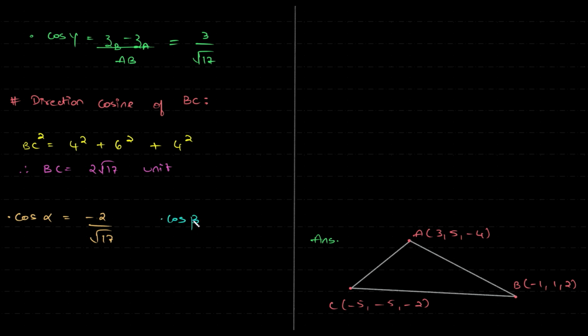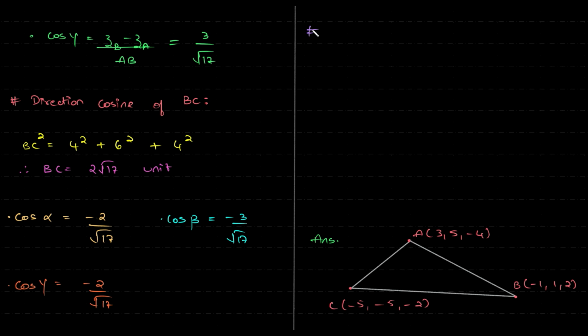Cos beta: always write it in order, below each other and not sidewise. That is -6, so -3 by root 17. Cos gamma would be -4 by 2 root 17, so -2 by root 17.